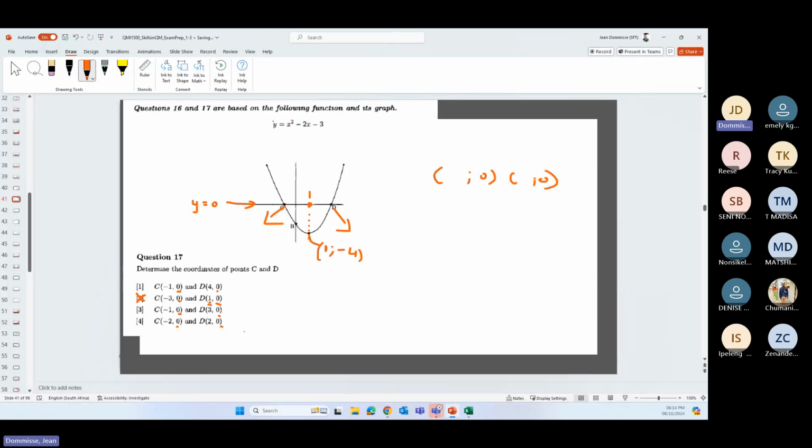Now there are two ways to solve for the x point. On page 164 in your study guides, the formula will also be on the formula sheet that I will share with you as well.